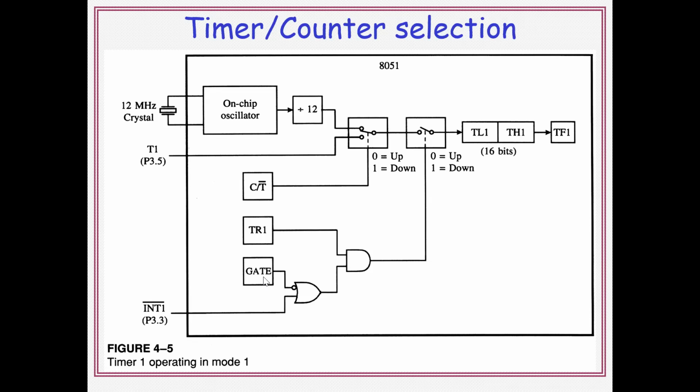But if the gate bit equals 1, this bubble indicates inversion of the gate bit, giving 0, so it depends on INT0 or INT1. If INT0 or INT1 equals 1 and TR0 or TR1 equals 1, then counting will start. So if the gate bit equals 1, it depends on the external pin, not internal.